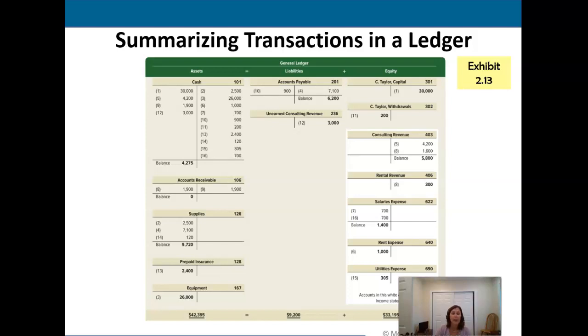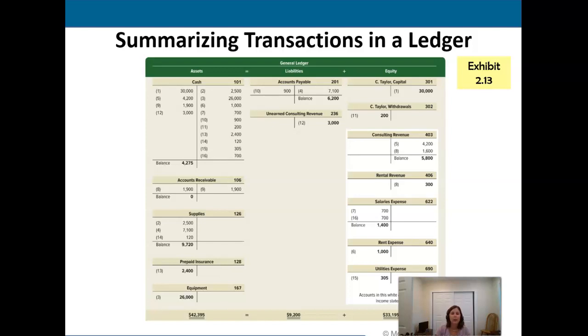And again, notice how they look like a T. Debits on the left, credits on the right. And then they kindly put here in white the revenue and expenses so that those are highlighted. And you'll see why in a second.